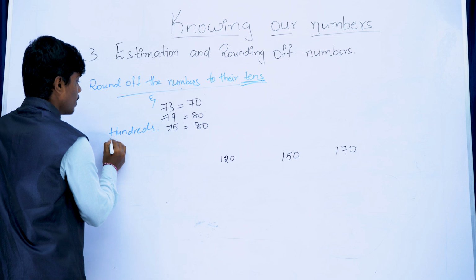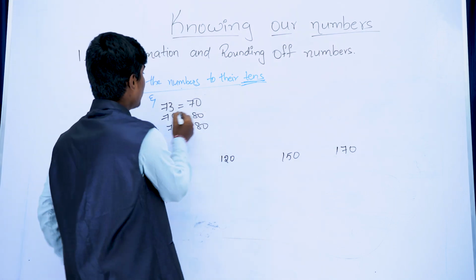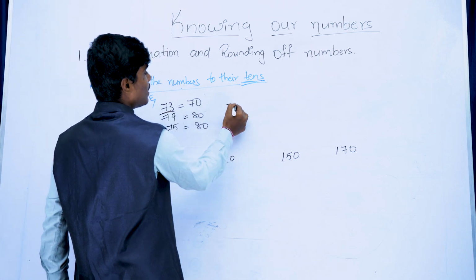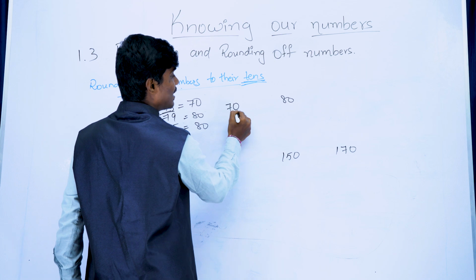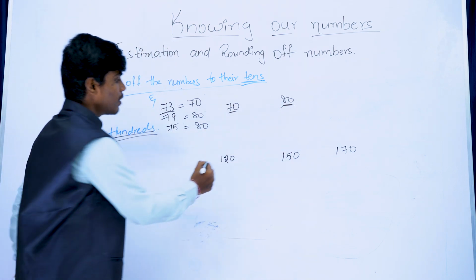In the tens example we took 73, which lies between 70 and 80 for the tens. But here he gave hundreds.